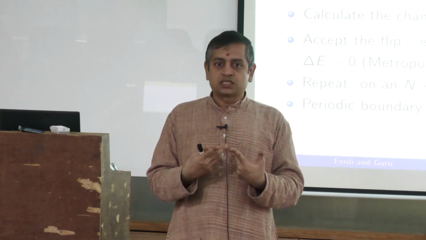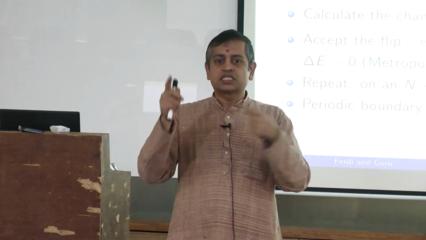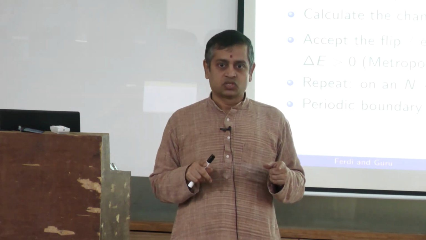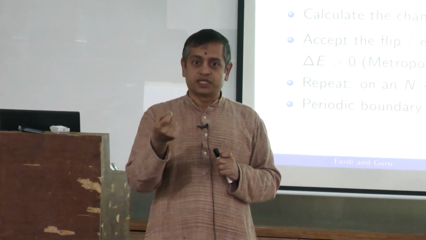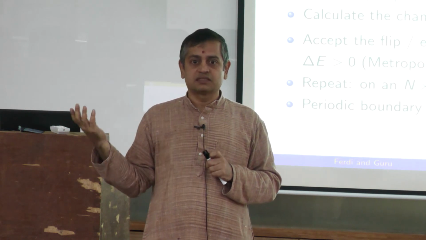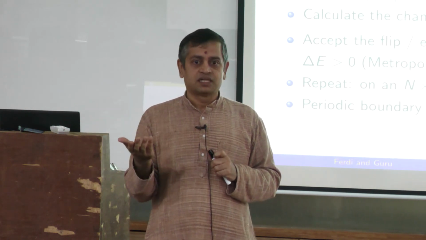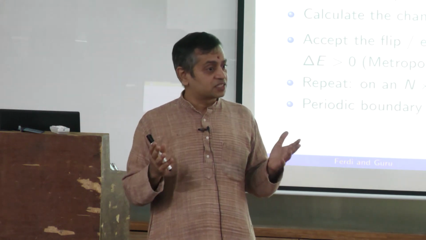If AA bonds and BB bonds are favorable to AB bonds, random distribution of atoms is not going to happen. So, in real systems the contribution that will come from entropy, because certain configurations are more favored and certain configurations are not favored, will be different from what you would get if you assume that all configurations are possible.